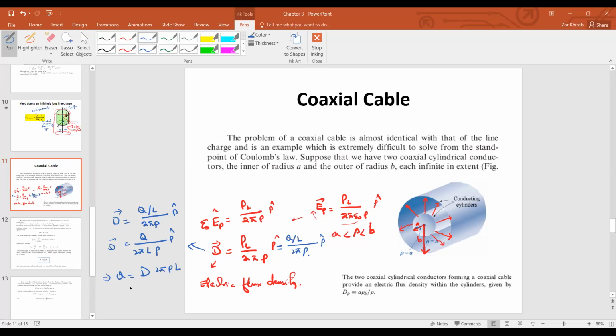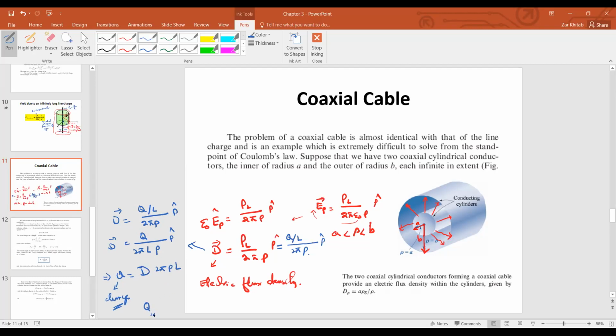This is charge now. This is the total charge. And this one is the charge on the inner sphere, equal to D 2 pi. What is rho for the inner sphere?